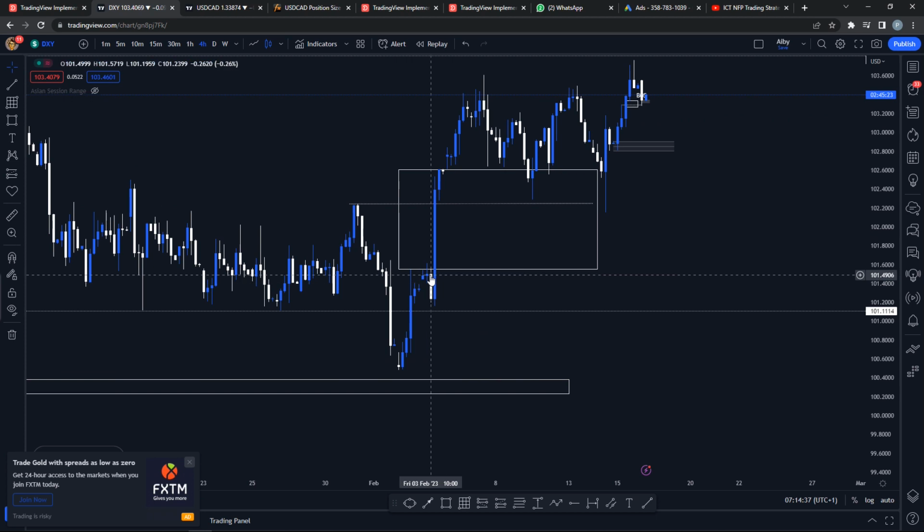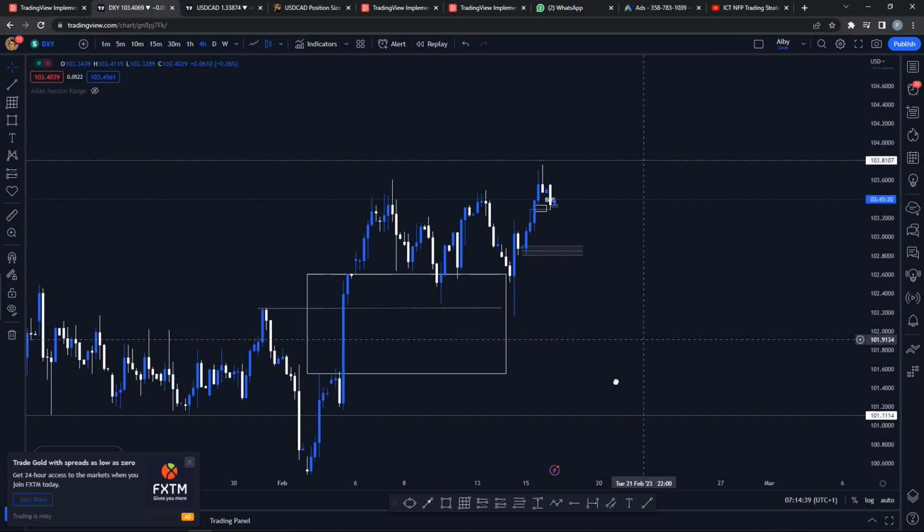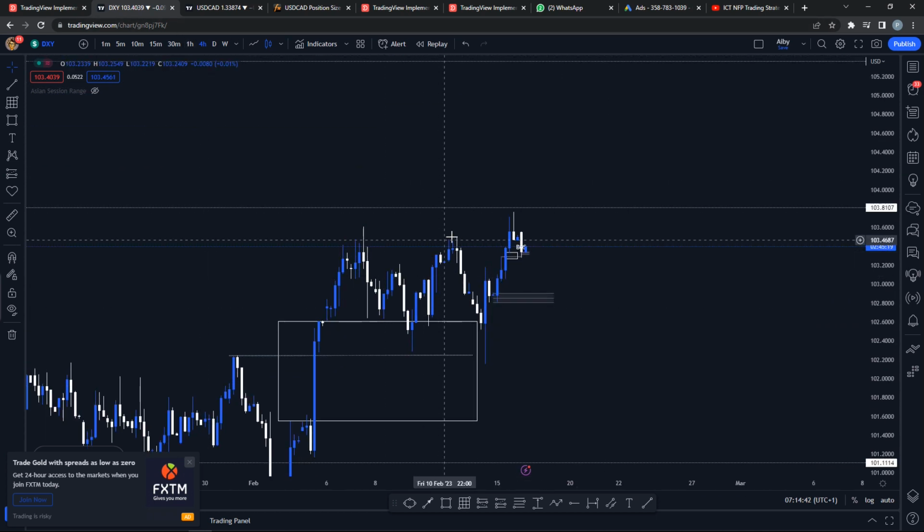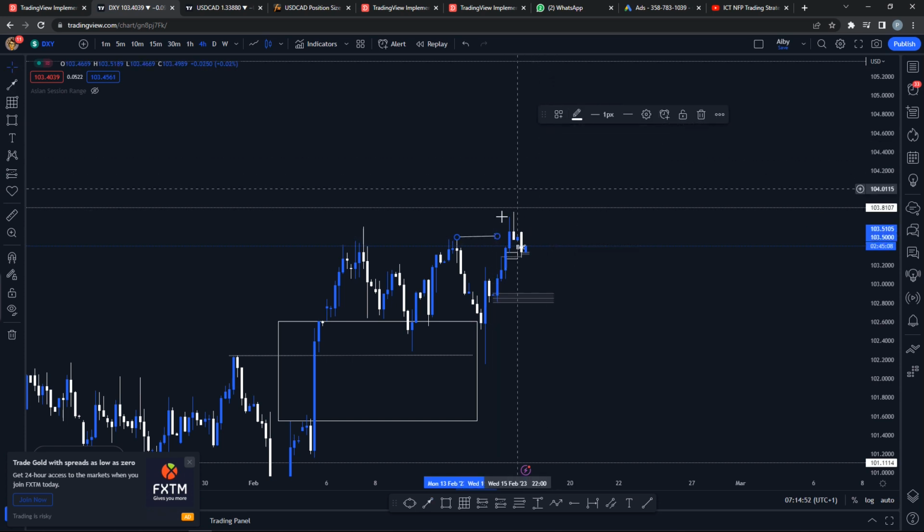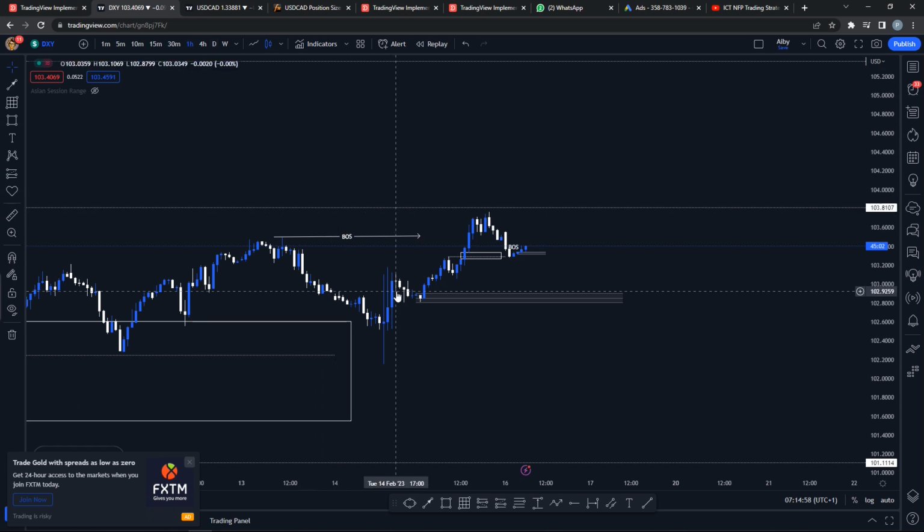So this order block, there's no reason we should be waiting for it to play out. After this break of structure that happened here on the 4 hour time frame of the DXY, I then started looking for buys. Now we have another block here.